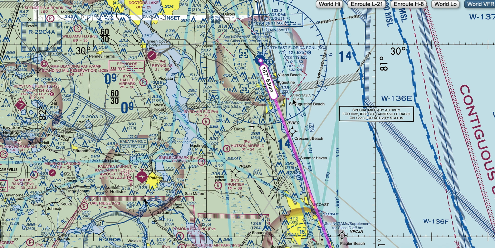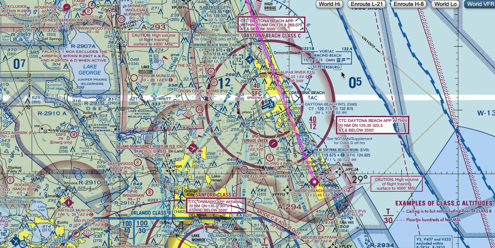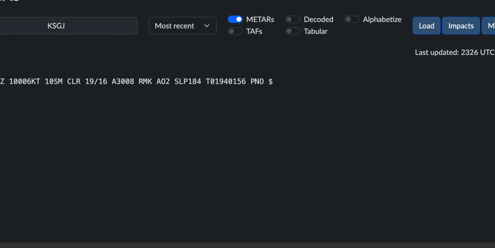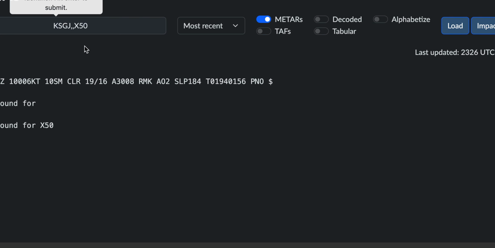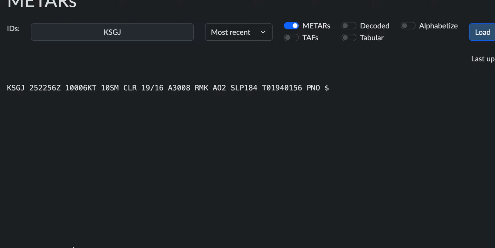Okay. SGJ and X50. Yep, X50. No METARs found for X. Okay, fine. We'll try it that way. Nope. She does not want to pull up. That's okay. We'll look at this one here.